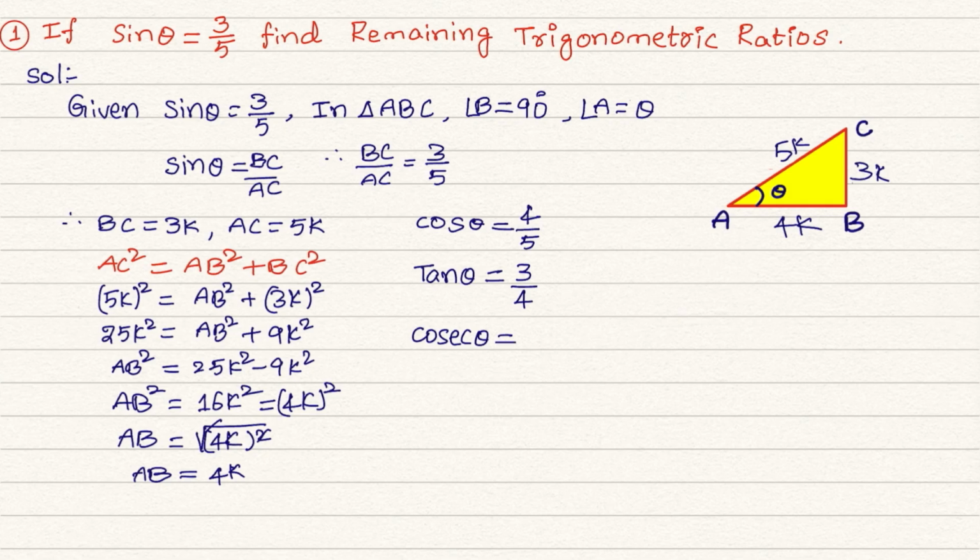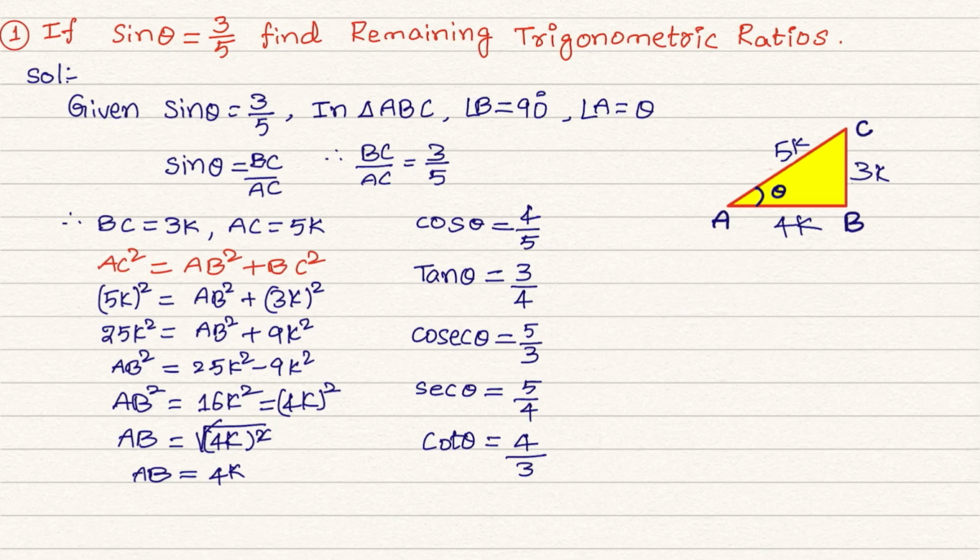So when sin theta is 3 by 5, cosec theta is 5 by 3. Directly we can write. And secant theta is the reciprocal of cos theta. Since cos theta is 4 by 5, secant theta will be 5 by 4. Cot theta is the reciprocal of tan theta. We know tan theta is 3 by 4, then cot theta will be 4 by 3.